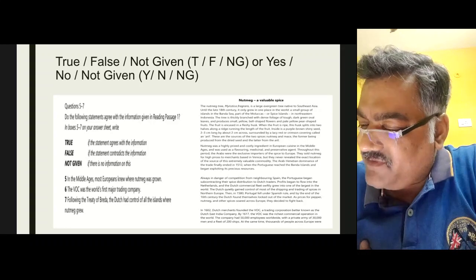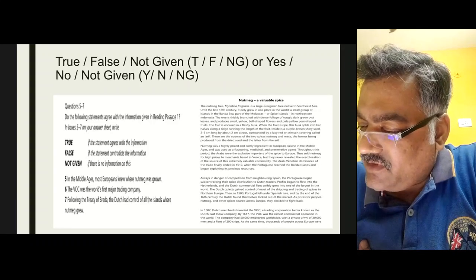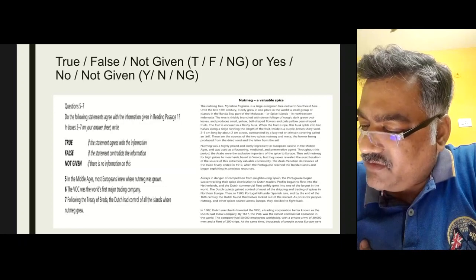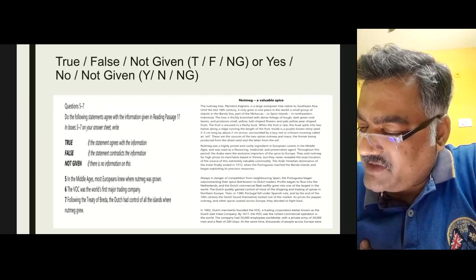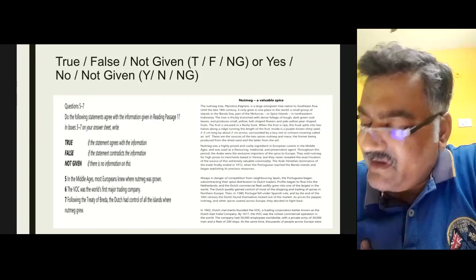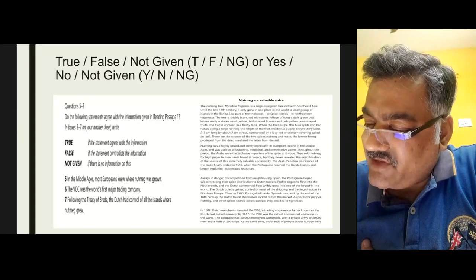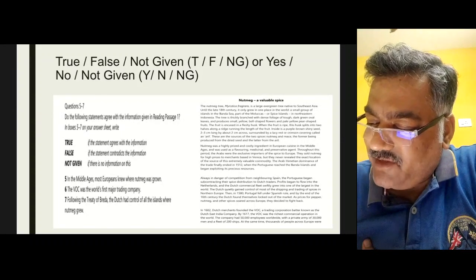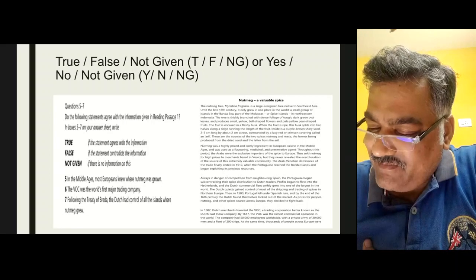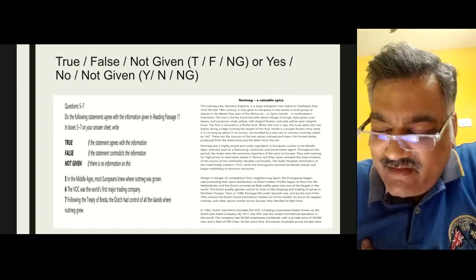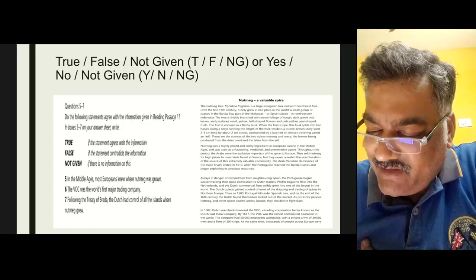Throughout this period, the Arabs were the exclusive importers of the spice to Europe. They sold nutmeg for high prices to merchants based in Venice, but they never revealed the exact location of the source of this extremely valuable commodity. So, is it true, false, or not given now?